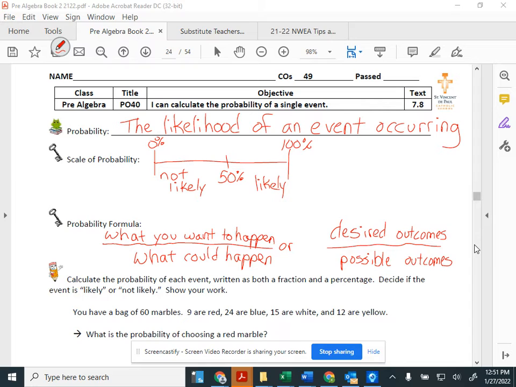So we want to be able to calculate the probability of each event written as both a fraction and a percentage. If we put in the desired outcome and the possible outcomes, that's giving us our fraction, but we also want to turn that into a percentage. What percent chance would that be? So let's do some examples.